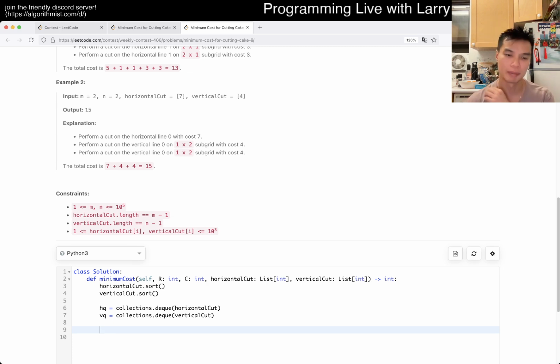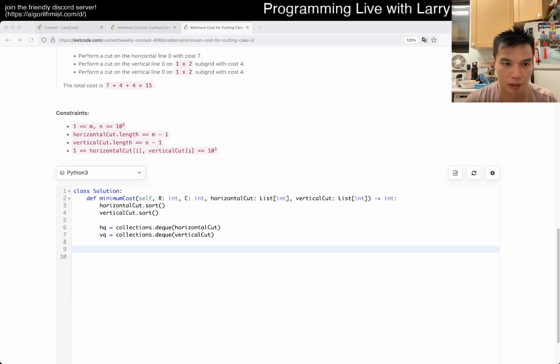I mean, it's greedy, but I'm trying to prove the greedy in my head and it's a little bit messy. So every time you don't cut, you increase it by 1, right? So okay.